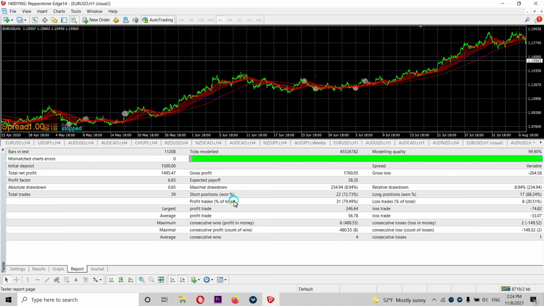Total profit trades are insanely high, and the average profit trade is more than the average loss trade. And not just that, it's almost double. That is insane compared to the data that I see here.